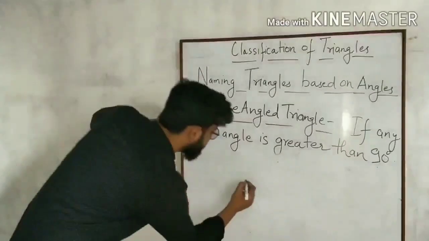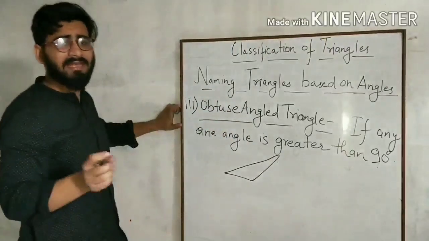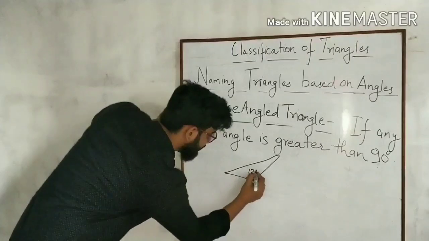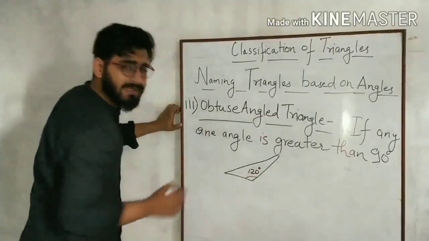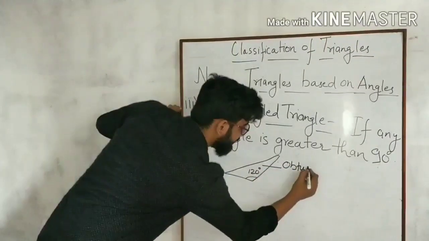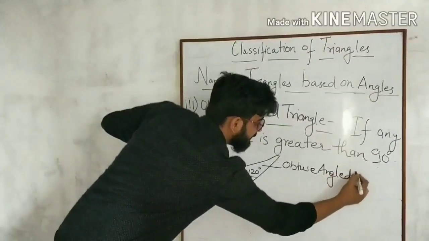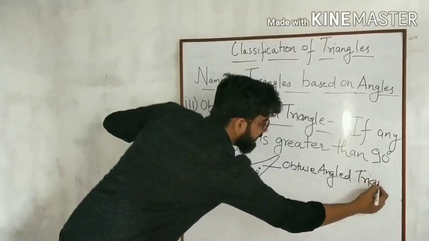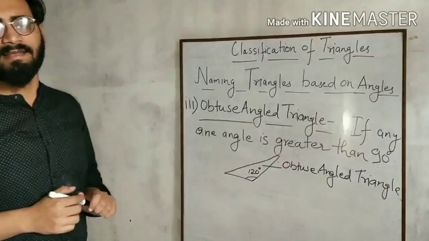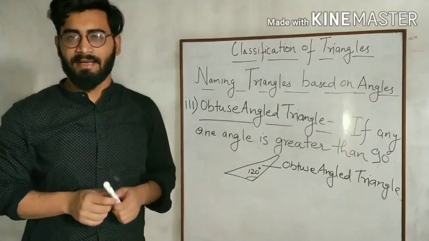Look here, suppose this is the triangle, and in this triangle if any one of the angles is greater than 90 degrees, suppose this angle is 120 degrees, so it is greater than 90 degrees, then the triangle is an obtuse angled triangle. So what is an obtuse angle triangle? If any one angle of the triangle is greater than 90 degrees, then the triangle is an obtuse angle triangle.